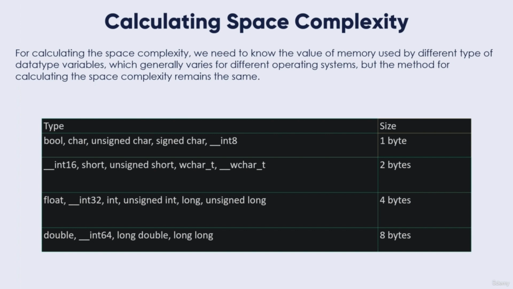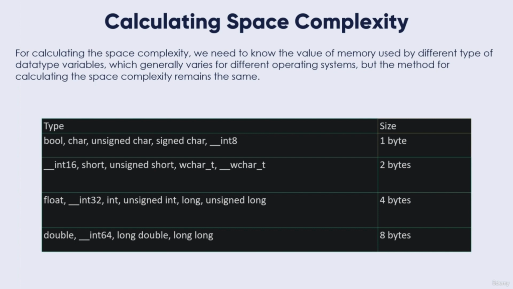Also in databases like SQL and PHP, the same things are presented. A short, unsigned short, or int16 in other languages takes 2 bytes. And float, int, and long take 4 bytes. And sometimes the long, which is long double or double in Java, Python, and C, takes about 8 bytes.